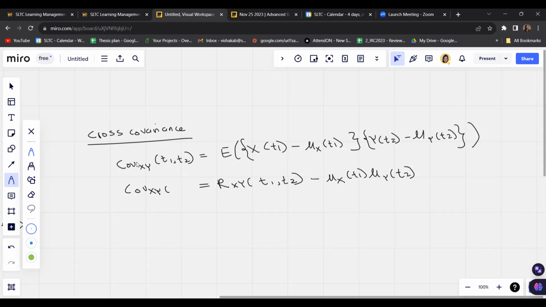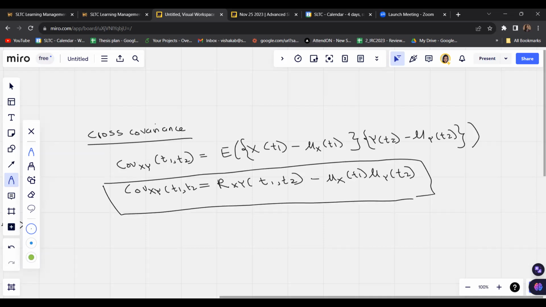So you can try this on your own and see whether this equation is satisfied. We have discussed similar examples or theories in last week's classes. So I believe that you should be able to derive this output if you are asked to derive the cross covariance equation starting from the fundamental theories.